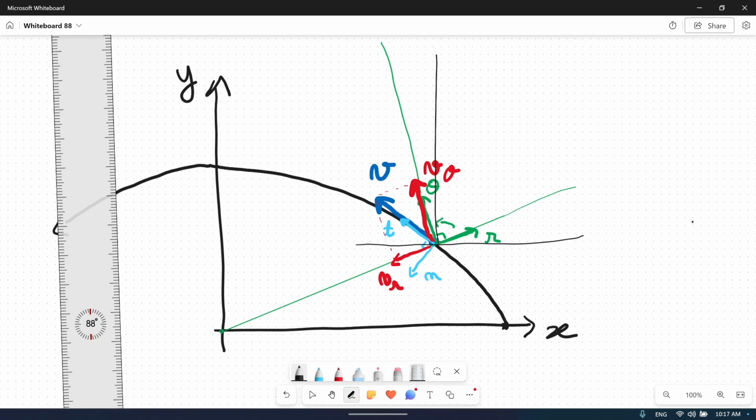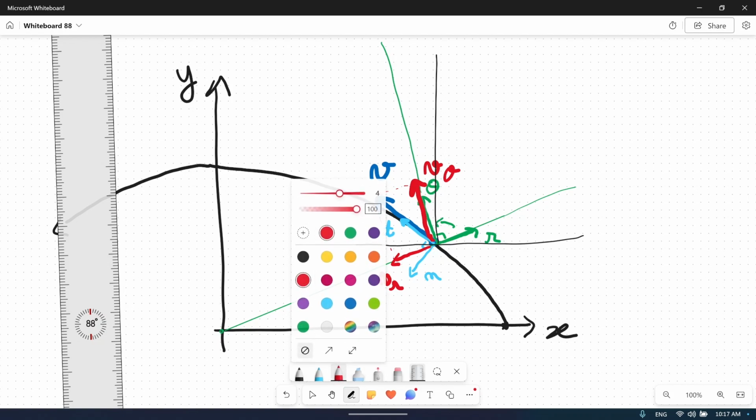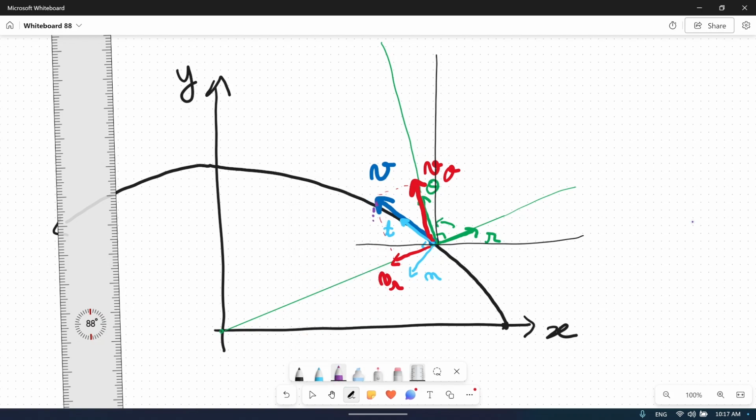Here we go. So my v axes, let me draw them in purple. My vx will be there, and this one there will be the vy.